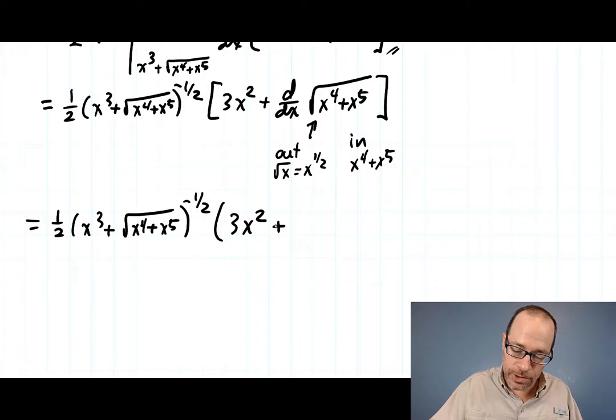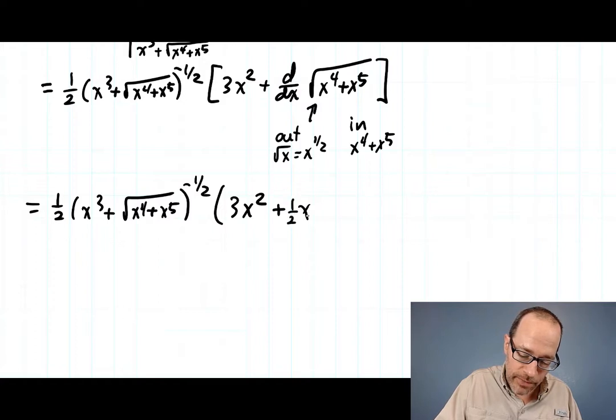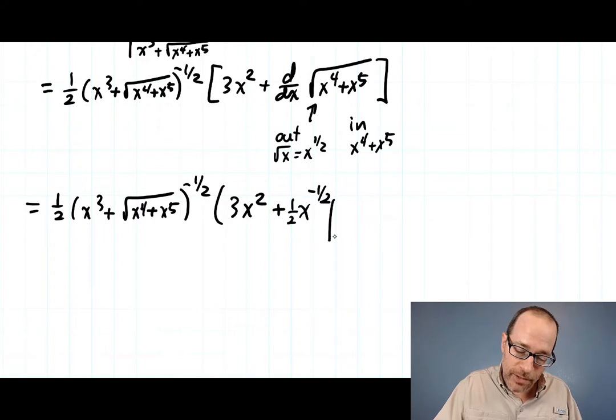And now we're going to do the chain rule on this part. So the derivative of the outside is 1/2 x to the minus 1/2. And then I have to evaluate at the inside, so that's x to the fourth plus x to the fifth.